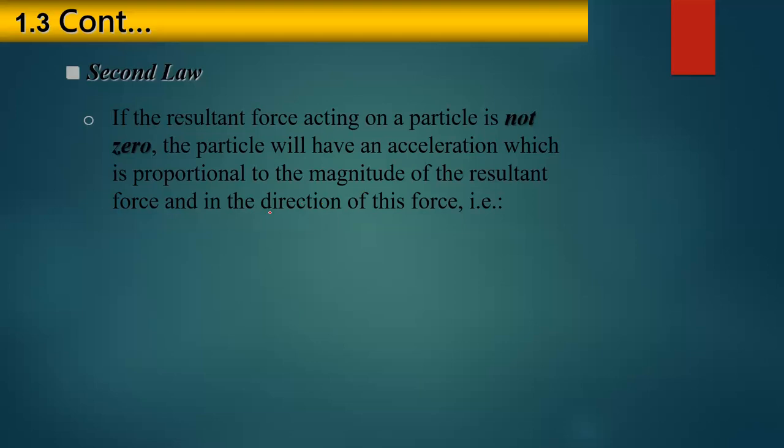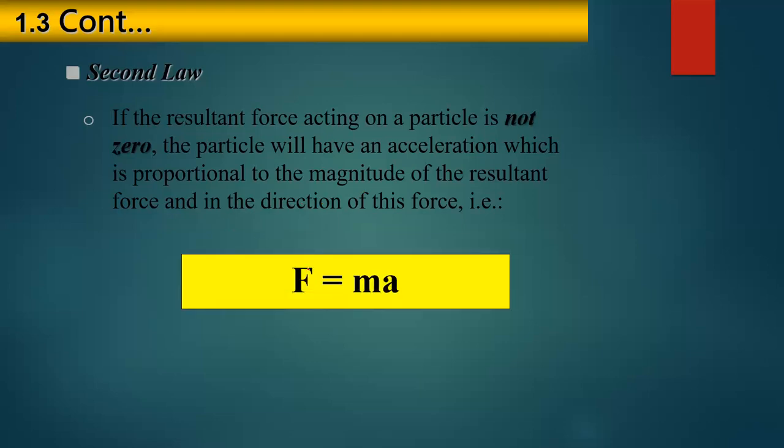So what this means is, if you have a force that is acting on a given particle with the mass m, the acceleration of this particle will be proportional to the magnitude of the resultant force.